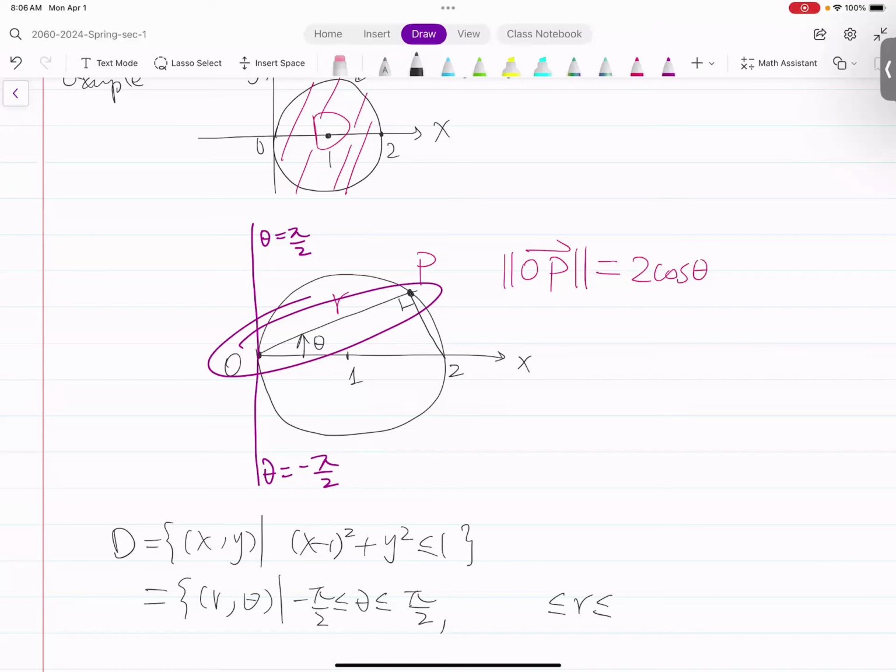So r is lower bounded by 0 and upper bounded by 2 cosine theta. So you can see in this situation we have a varying r bound.